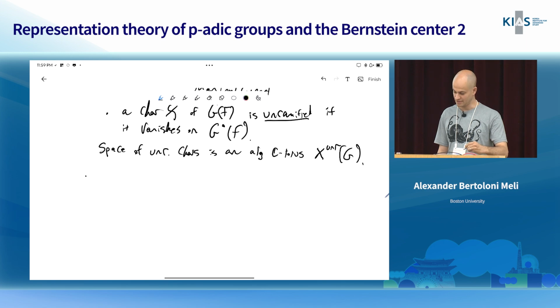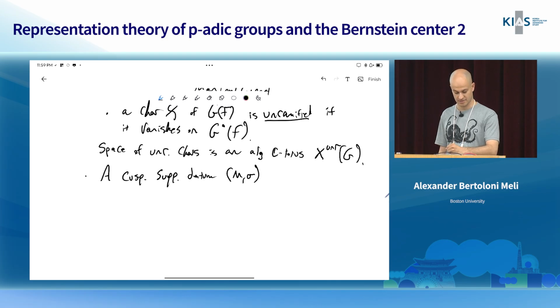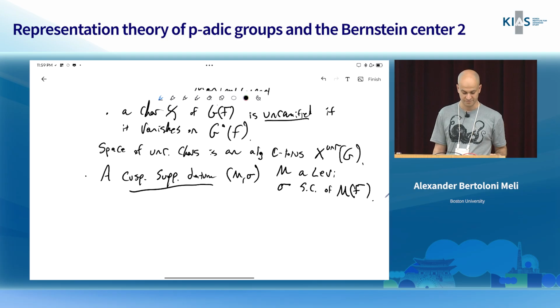Then I want to say that a cuspidal support datum is a pair M, sigma where M is a Levi subgroup and sigma is an irreducible supercuspidal representation of M of F. The point is that if you take an irreducible representation of G, it will show up essentially uniquely in the parabolic induction from M of some supercuspidal sigma.